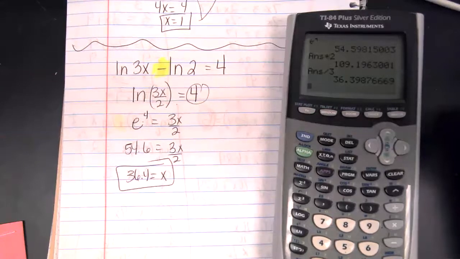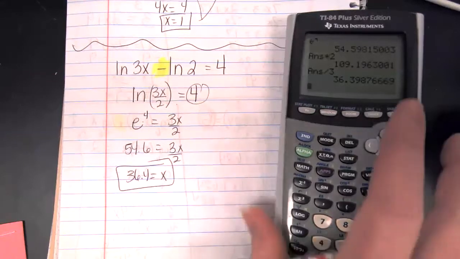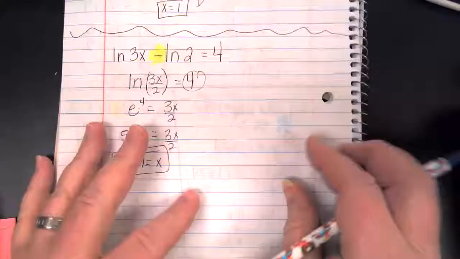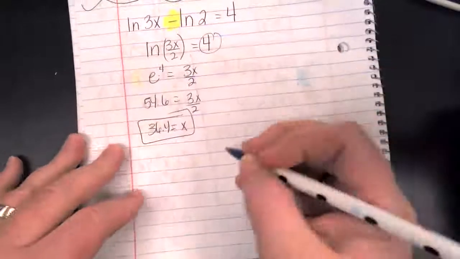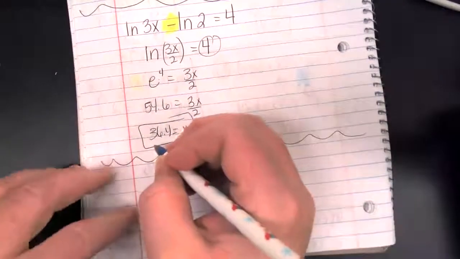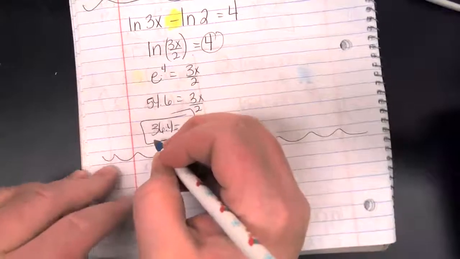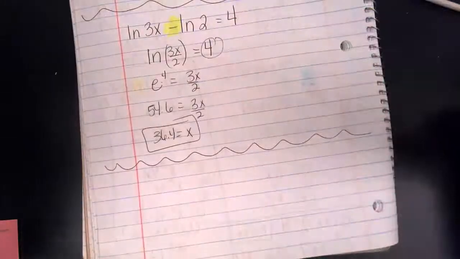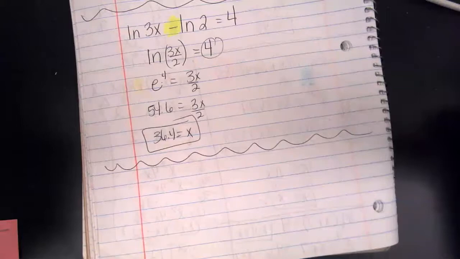You can handle going back and forth. Let's do one more just for kicks and giggles. Okay, let's do another one where you have to factor, shall we? Okay, that's a good one to practice. Let's see, I know we did one already on your homework where you did that. Let me go back.